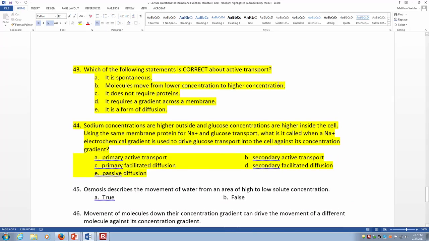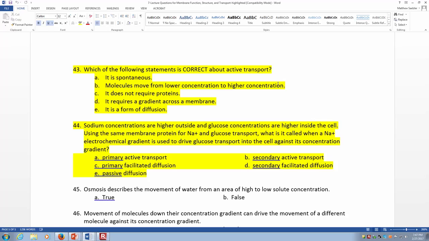Number 43, which of the following statements is correct about active transport? It's not A. It's B. So molecules move from lower concentration to higher concentration.